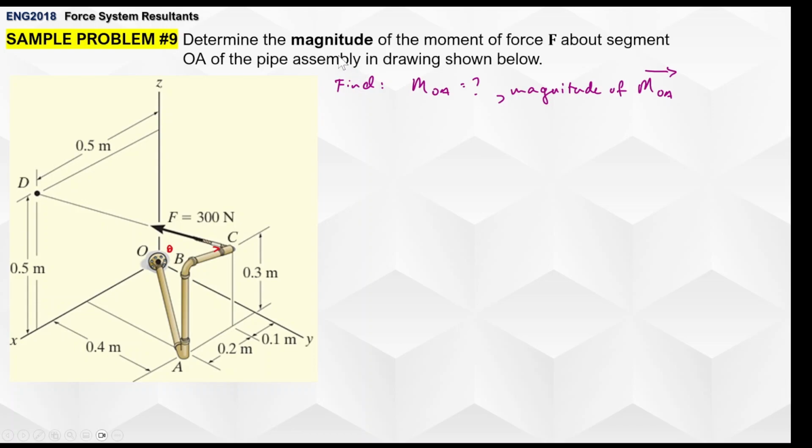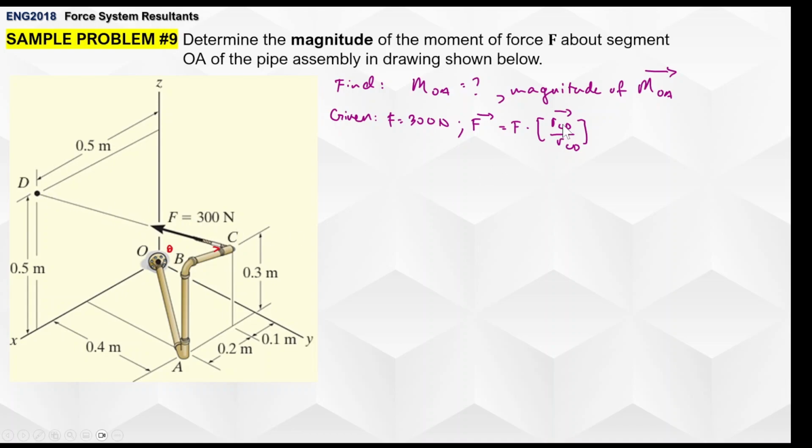We only need to find the magnitude, so we don't need to multiply our moment by its unit vector OA. Okay? So what do we have? We have the force of 300 newtons. And the good thing about this 300 newtons is we can convert it into its Cartesian vector form by multiplying the position vector over its magnitude.